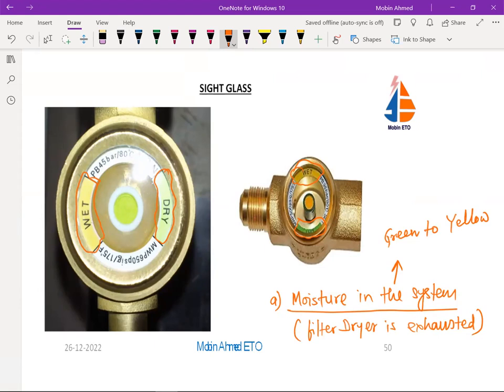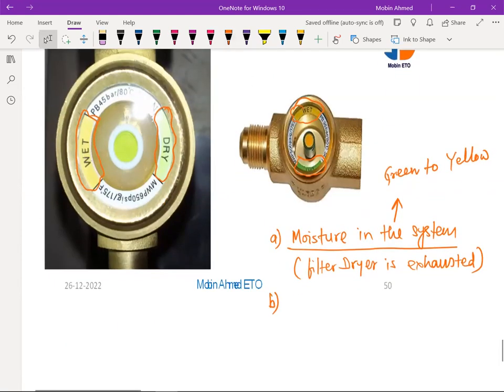Okay. Second, it is the indication. The second indication it is going to give is if there is a froth. Froth means bubbles. So if there is a froth or bubbles here, I will make it with some different color here.